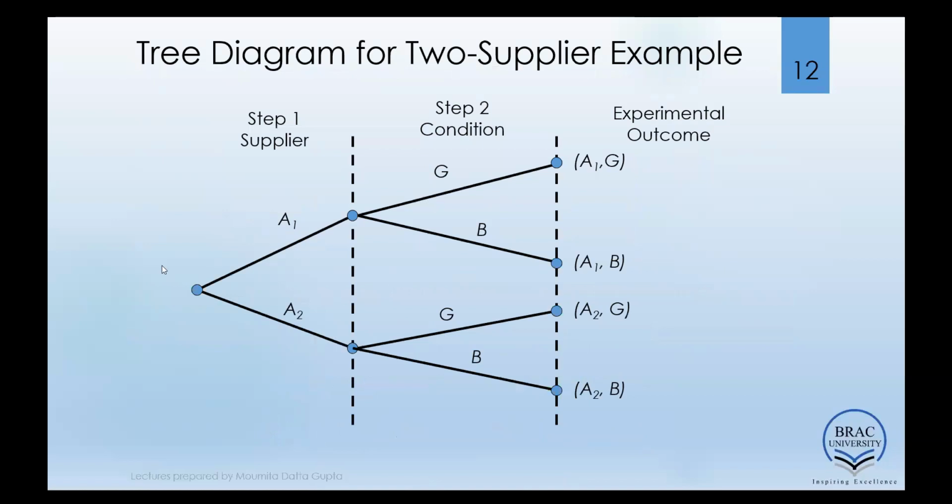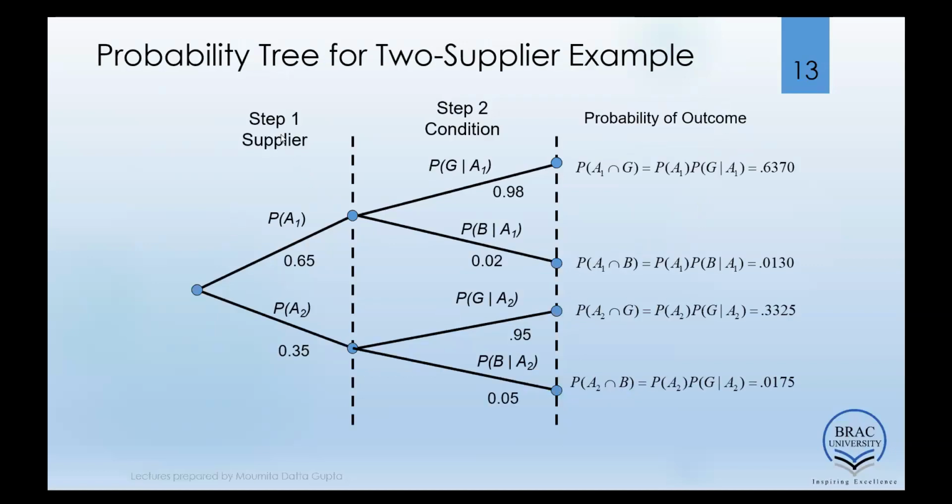Let's consider a tree diagram for our two supplier example. At step 1, we have two suppliers, A1 and A2. At step 2, we have the conditional probabilities for both of these suppliers. And finally, in step 3, we have these four experimental outcomes. Let's put in the values of all these terms.